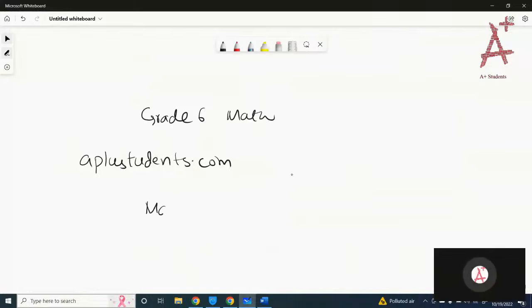Then, you have to select math from the subject tab. Scroll down to grade 6. Then, click on view all lessons. And we are working on chapter 5, that is one variable equations.